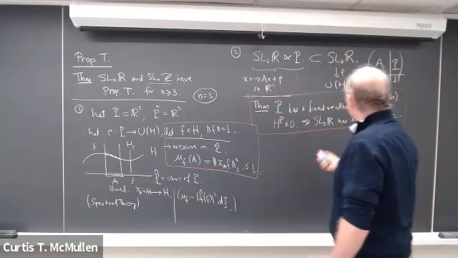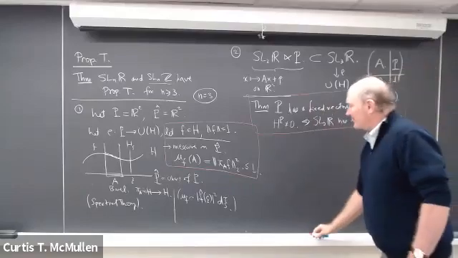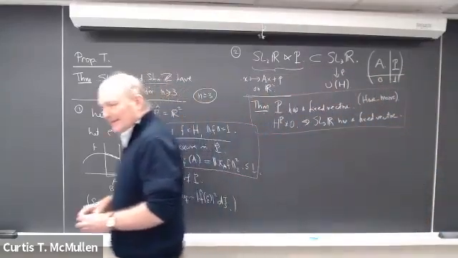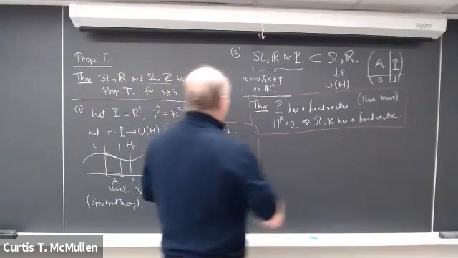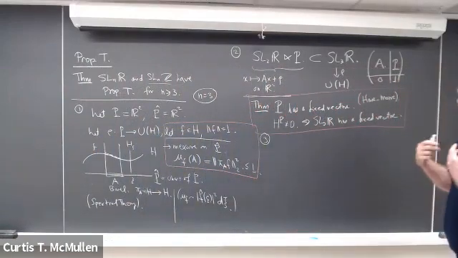Okay, so if we're trying to show SL3R has a fixed vector, then it's enough to show P has a fixed vector. And the final statement is one which is very elementary, and yet it's the whole engine of the proof.